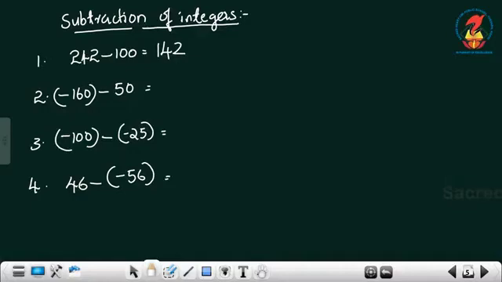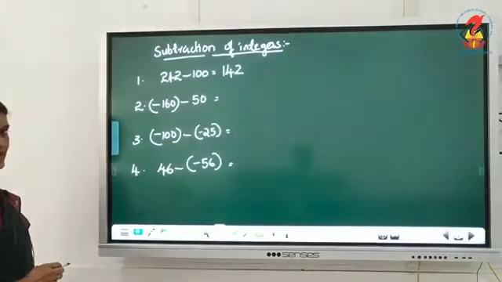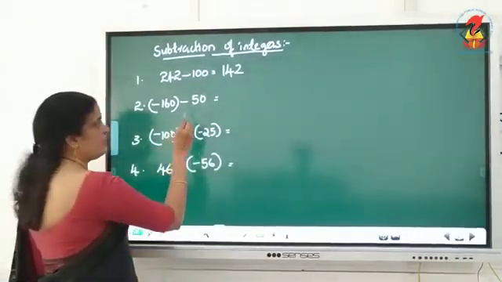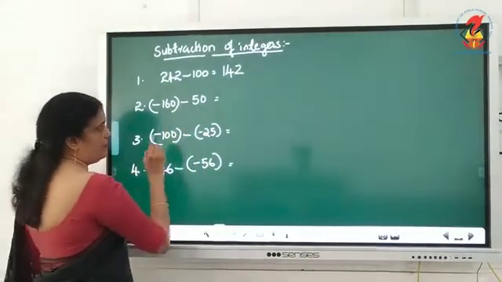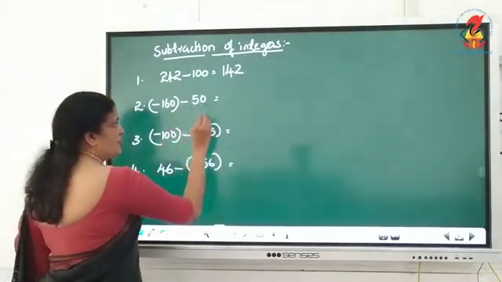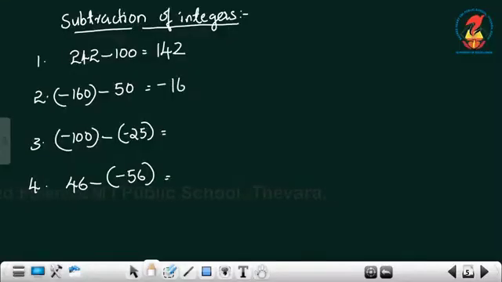Next, negative 160 minus 50. In subtraction, take the additive inverse of the second number. What is the second number? 50. What is the additive inverse of 50? Negative 50. No change in the first number, negative 160, and add to the first number.